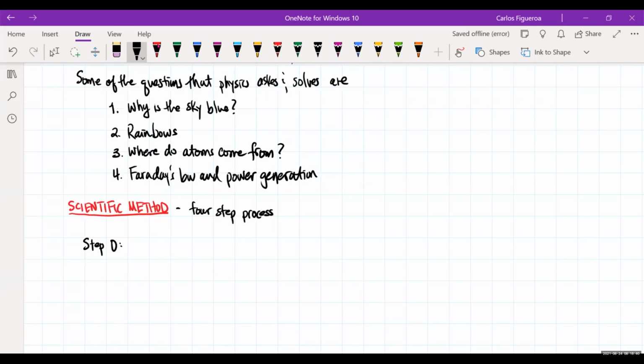At the time of Galileo, they were known as natural philosophers. It wasn't until the 18th century that people started calling natural philosophers scientists. But Galileo is really the guy that really first used the scientific method. And it goes something like this.